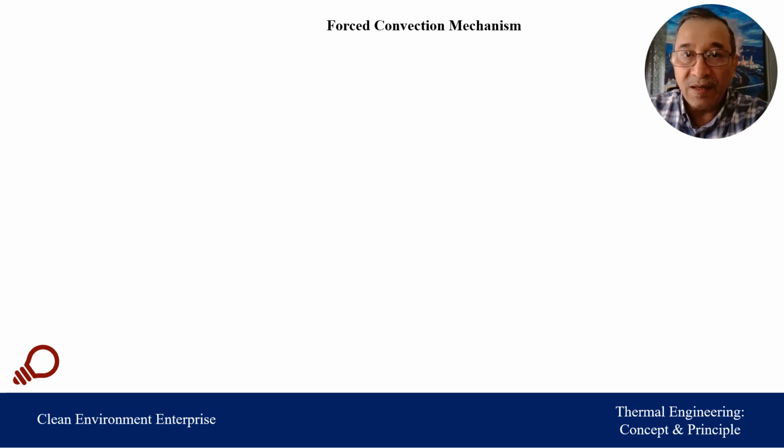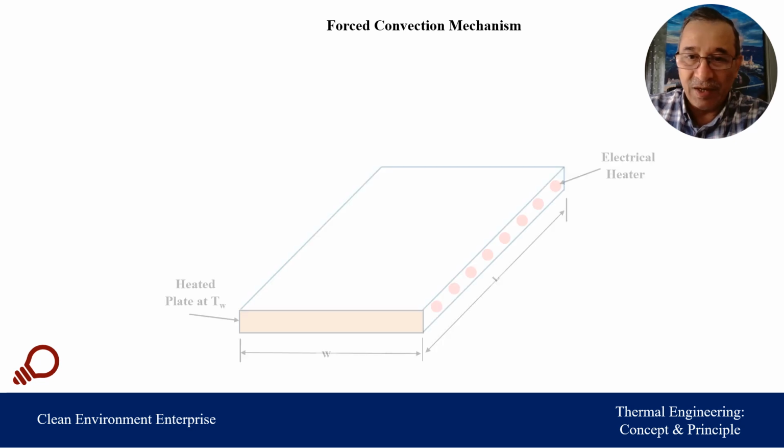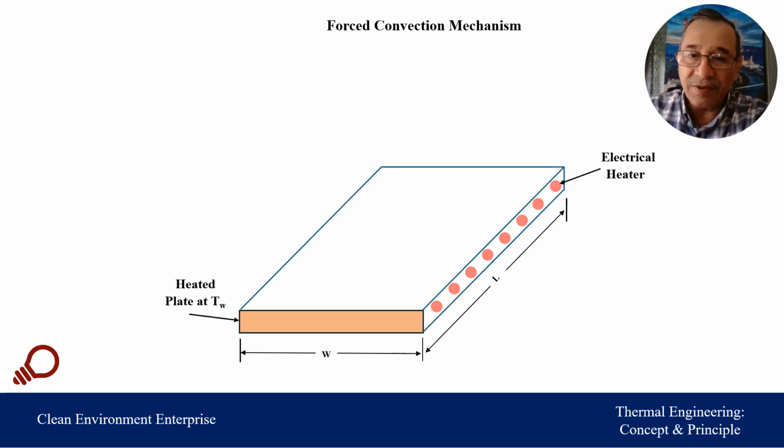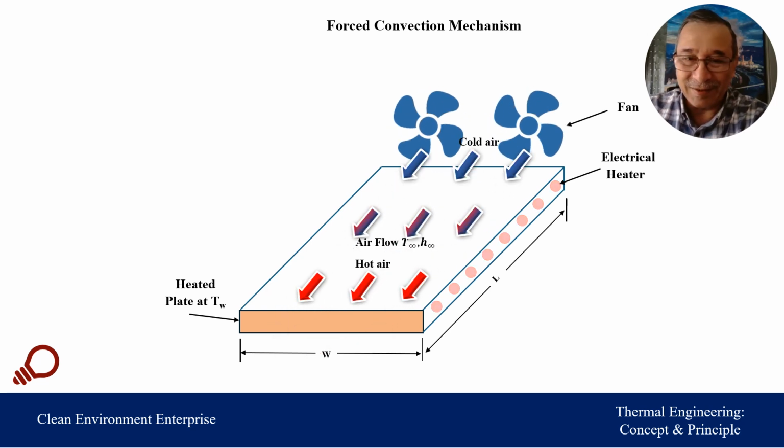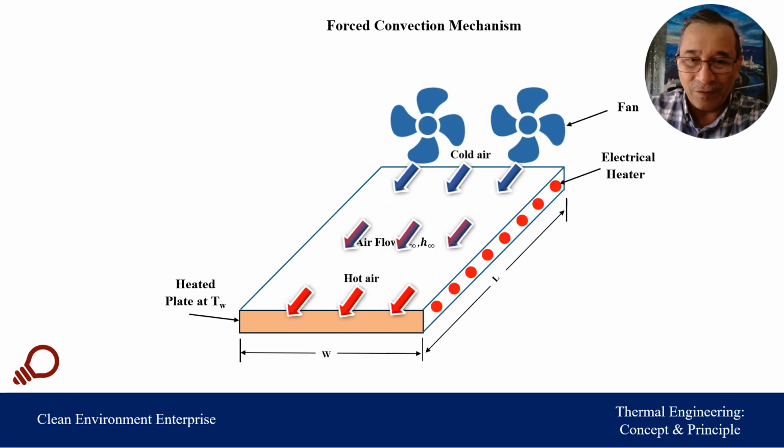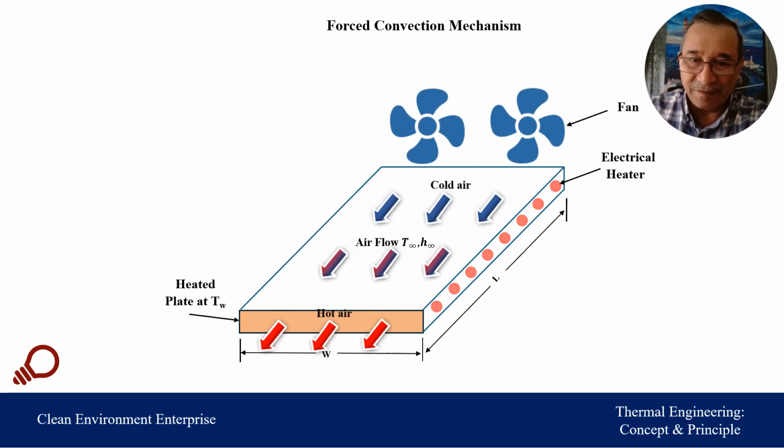Let us see how the forced convection mechanism works. Assume that we have a plate that is heated by an embedded electrical heater, and the temperature of the plate is kept at a constant value Tw, and let us use two fans to force or blow air on that surface.